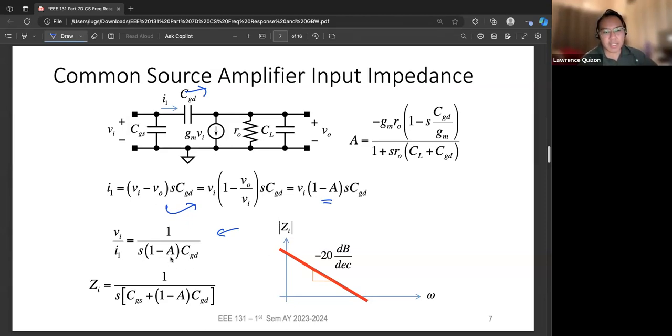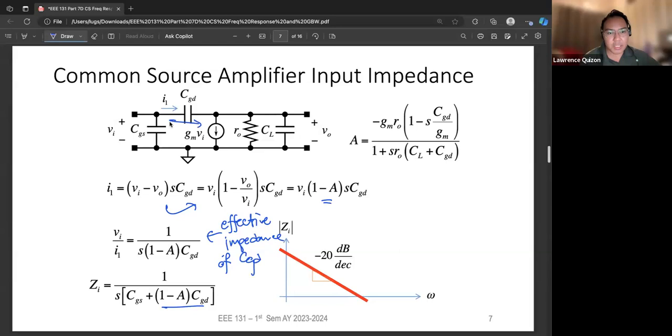actually 1 over s times the contribution of this CGS, plus (1 minus A) CGD. This is essentially the effective impedance of CGD.